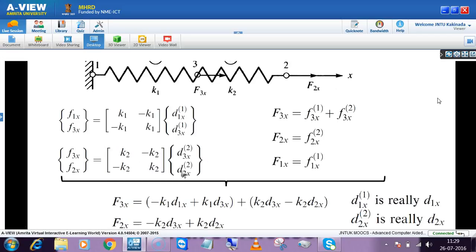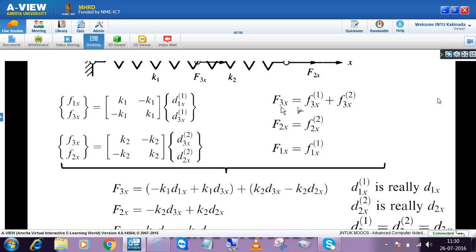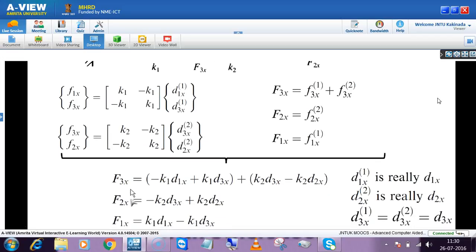Now let us take all these three equations and try to put them into matrix form, or assemble them. We have the force, displacement and stiffness matrix here, and we have forces here.